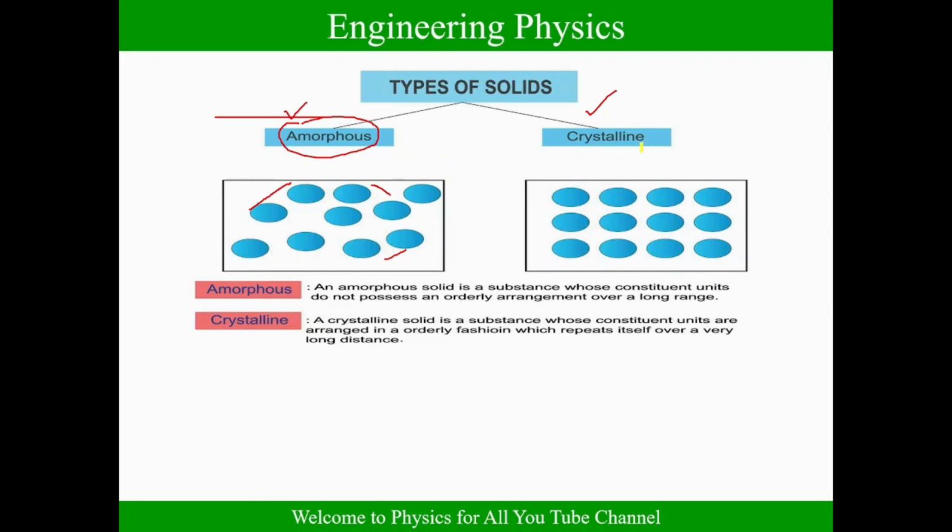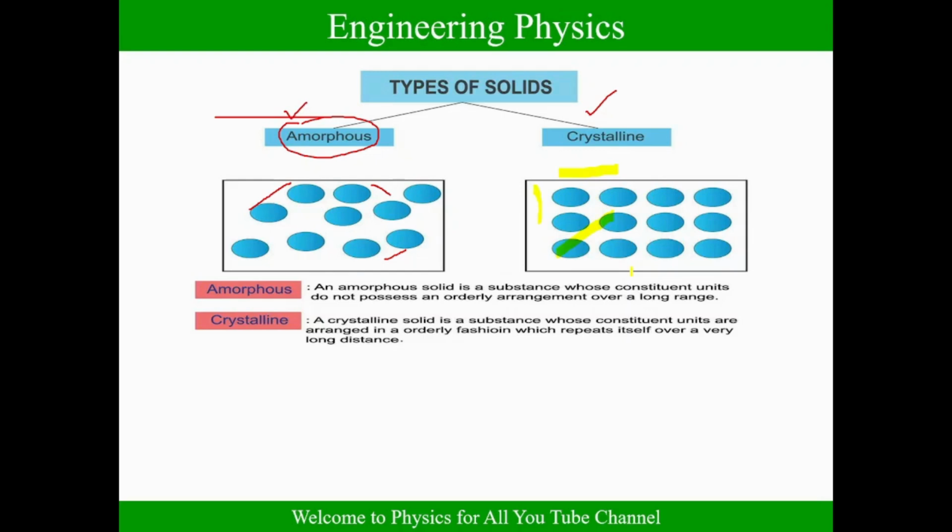Now coming to crystalline solids. In crystalline solids, you can take any two atoms along the x, y or z dimension, and all atoms are uniformly distributed. Because of the uniform arrangement of all atoms inside the material, crystalline solids have perfect shape and structure.